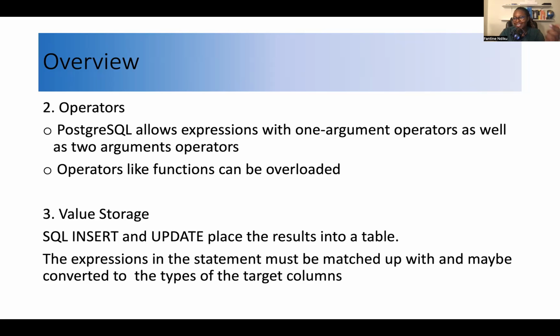If they are not, then the parser will try to convert those data implicitly for us in order to insert them in the target column. If it's not possible, then it will be our duty to convert it explicitly.